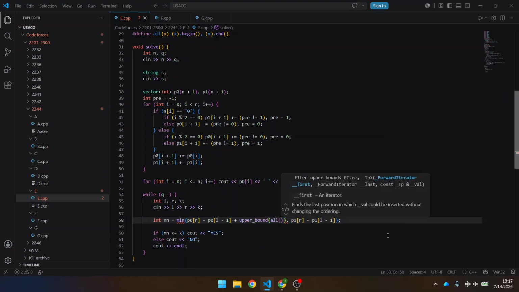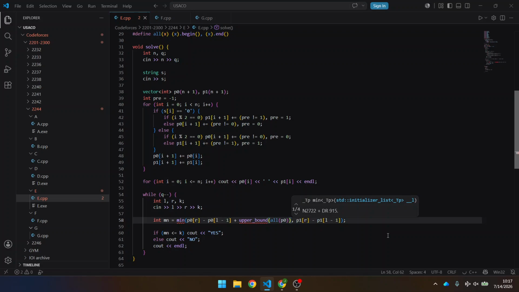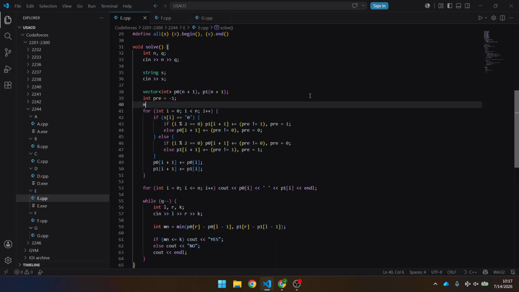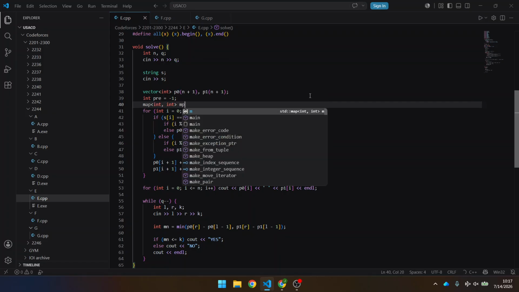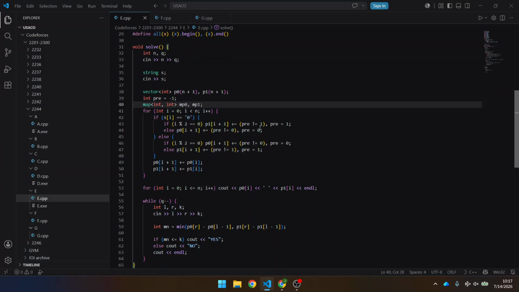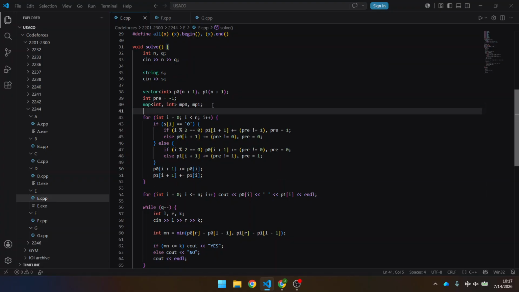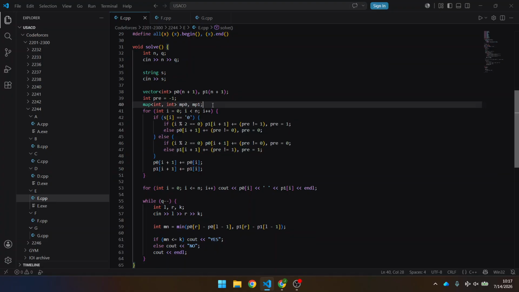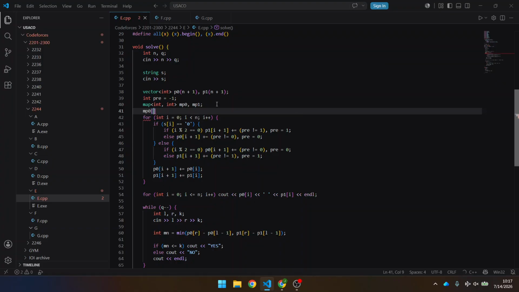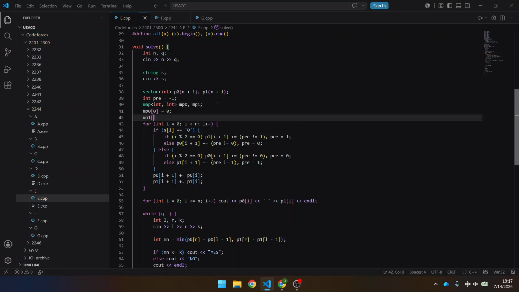Okay, so let's see. I'm gonna have to use a map. p0 is 0, and p1, 0 is equal to 0.